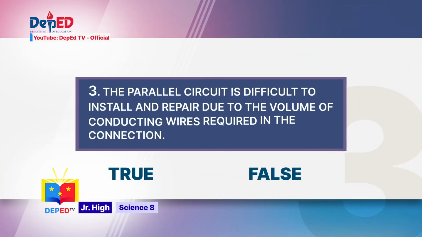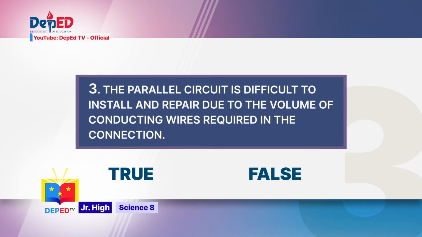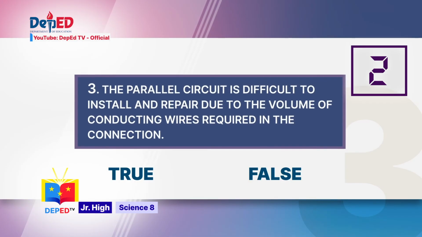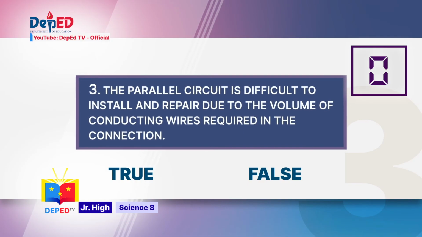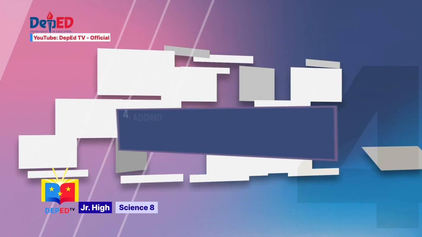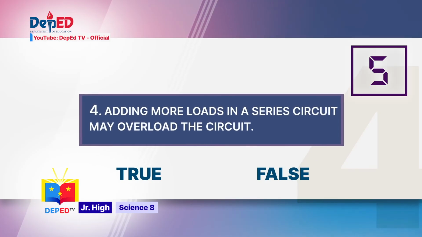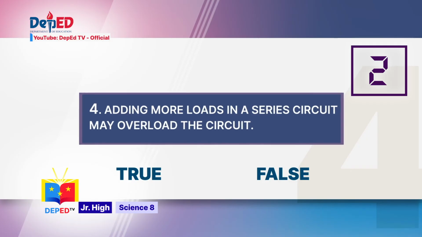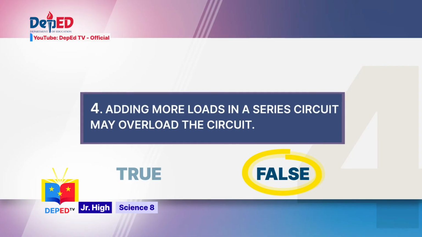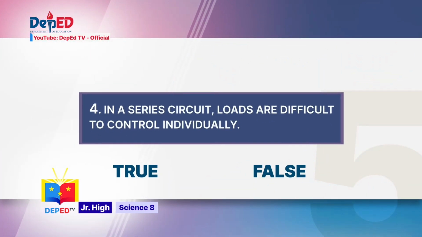The parallel circuit is difficult to install and repair due to the volume of conducting wires required in the connection. Adding more loads in a series circuit may overload the circuit. In a series circuit, loads are difficult to control individually.